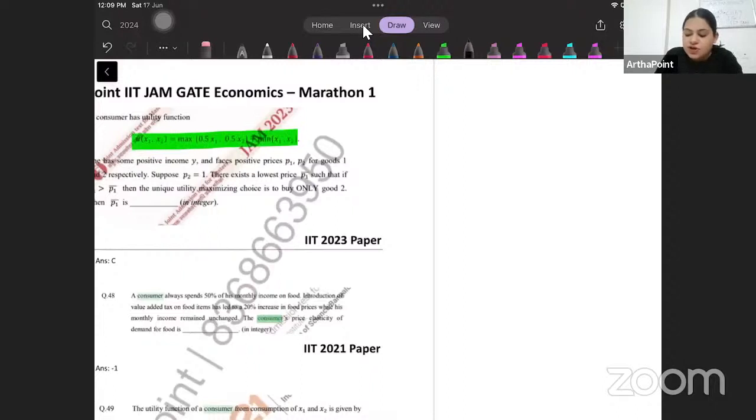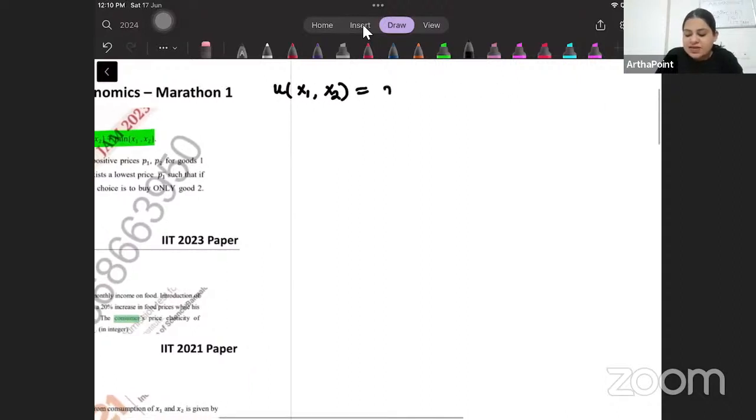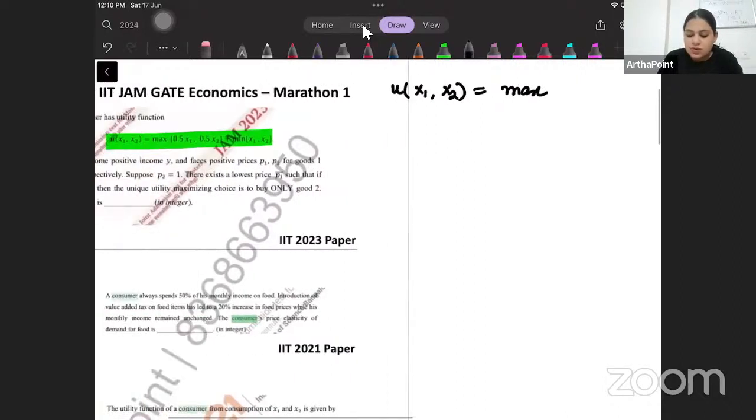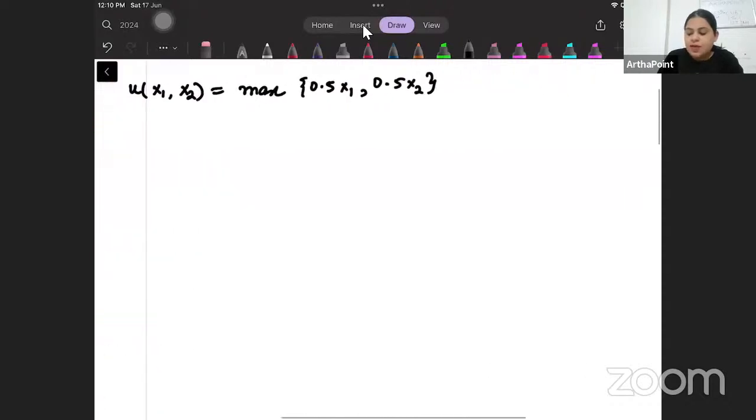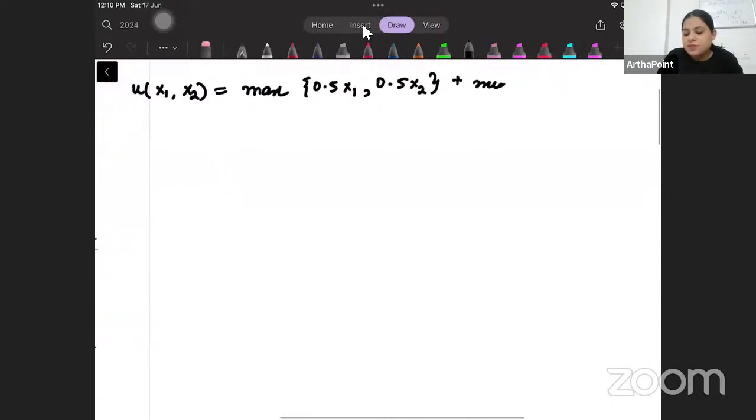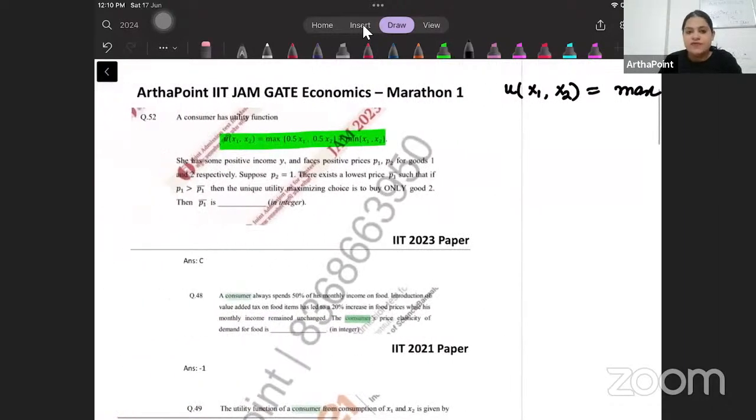The utility function given to you is max 0.5 x1, 0.5 x2 plus min x1, x2. This is the utility function given.